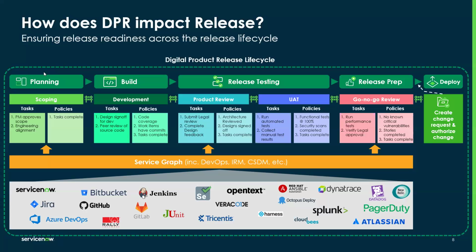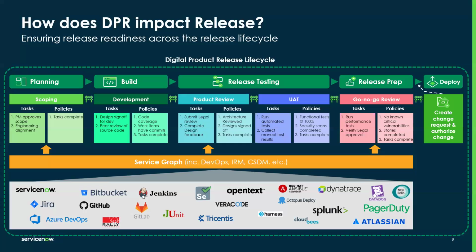Within these templates, we have tasks and policies aligned to each phase of the release. So what we're doing is ensuring that everybody can see what phase they're up to in the release, what tasks are outstanding, and what policies are in compliance or non-compliance. By doing this, we add visibility and give that visibility to all stakeholders.